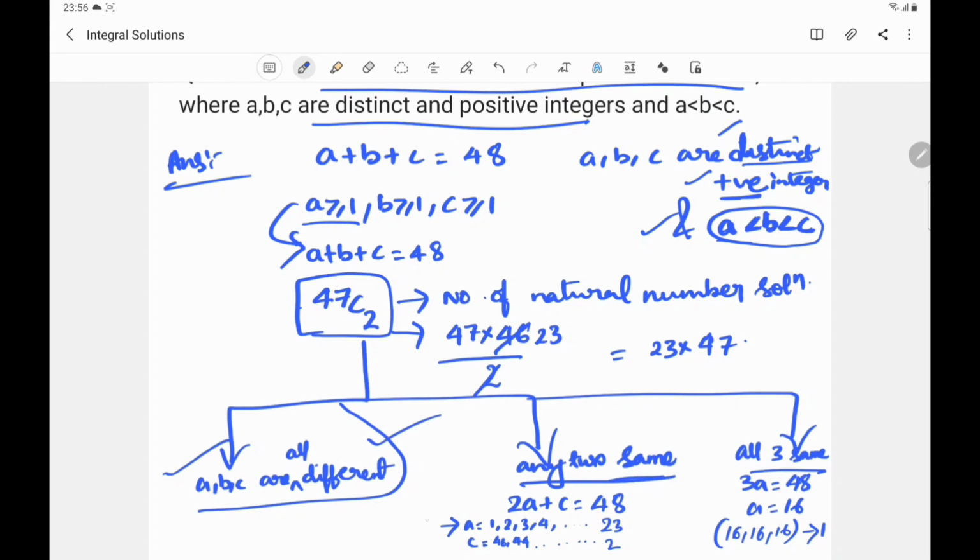So if A is 1, B is 1, and C is 46, these 3 can arrange among themselves in 3 factorial by 2 factorial ways, which is nothing but 3 ways. So there will be 23 such triplets, 2, 2, 44 is one of them, going on till 23. So the total number of cases when any two are same is 23 multiplied by 3, right?